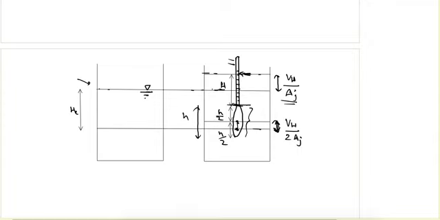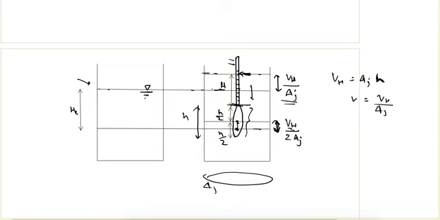Because of the buoyancy, if the hydrometer is immersed into the water, it will displace some water. So how much will be the displacement? If Vh is the volume of the hydrometer and Aj is the area of the jar, the volume of the hydrometer will be equal to the volume of displaced liquid. So from here H is found out as Vh upon Aj.